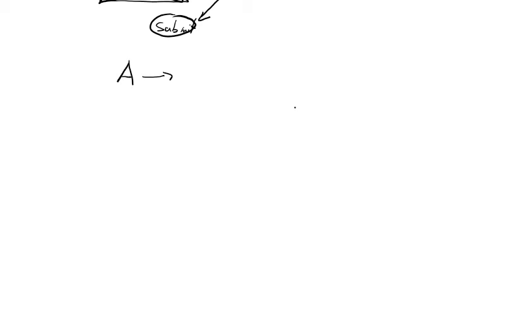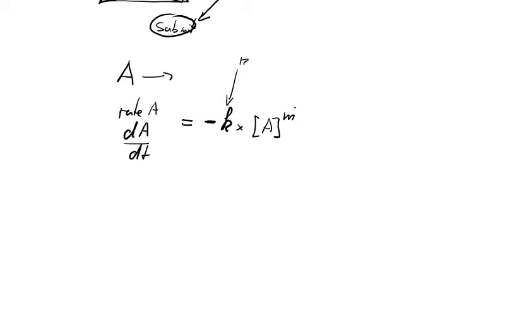We said rate of A, or we can also say dA over dt, that's exactly the same, equals minus k times concentration of A to the power of m. And we said this here is the rate constant. This here is the rate order. And we have a negative sign.